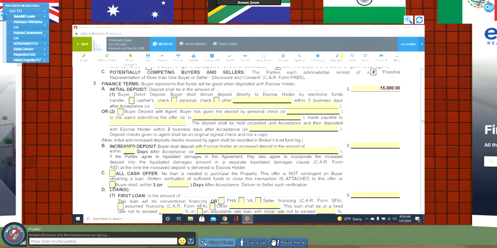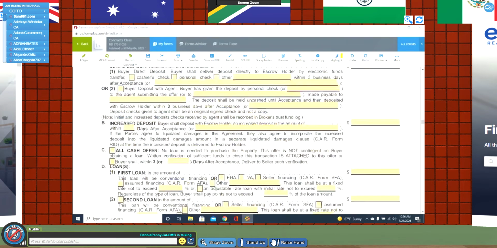Okay. Now, let's keep this simple, because most of the time you're not going to have an increase to deal with. Let's say this is a cash offer. If this is a cash offer, I would check this box on item C. This is no loan is needed to purchase the property, and this offer is not contingent on the buyer obtaining a loan.